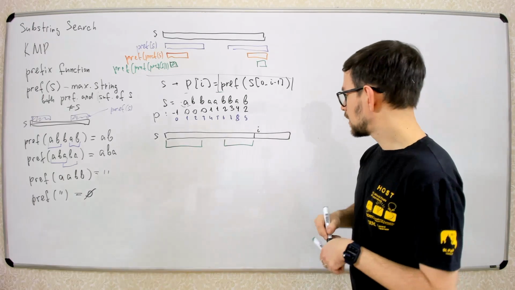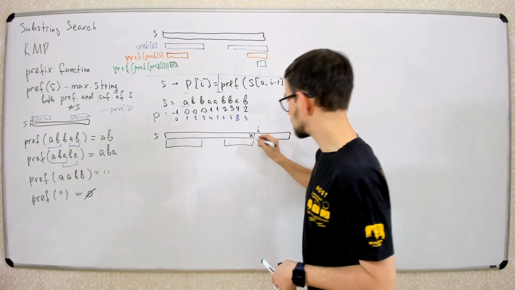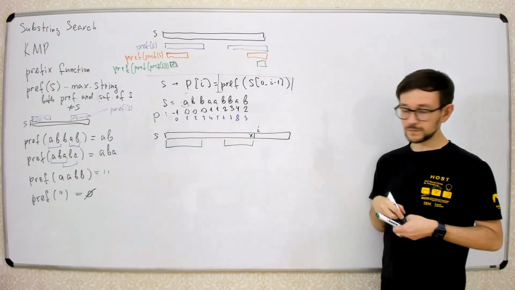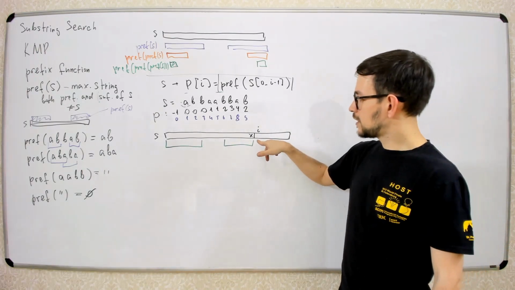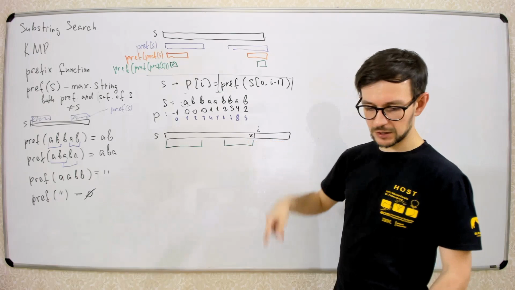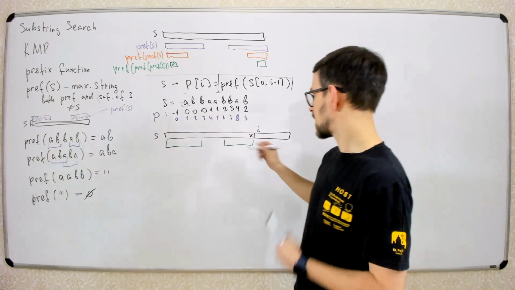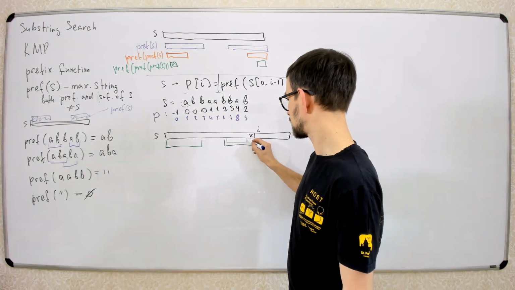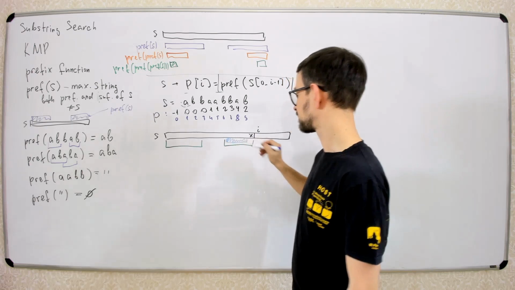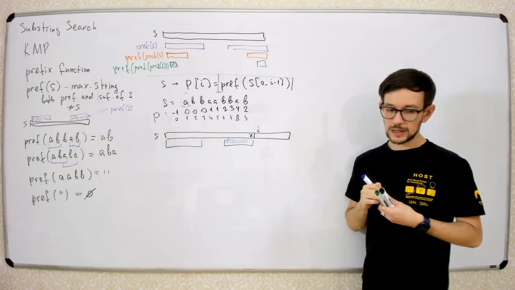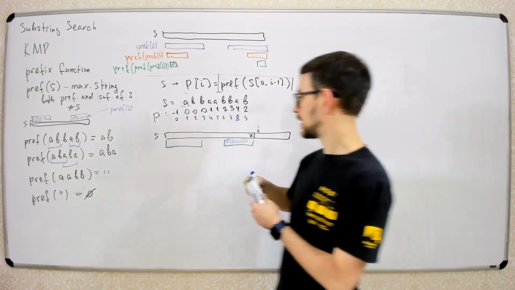Now, let's take this last character. If we just remove this character from this string, so let's take everything except this X, let's take this part. It will be the same here and here.